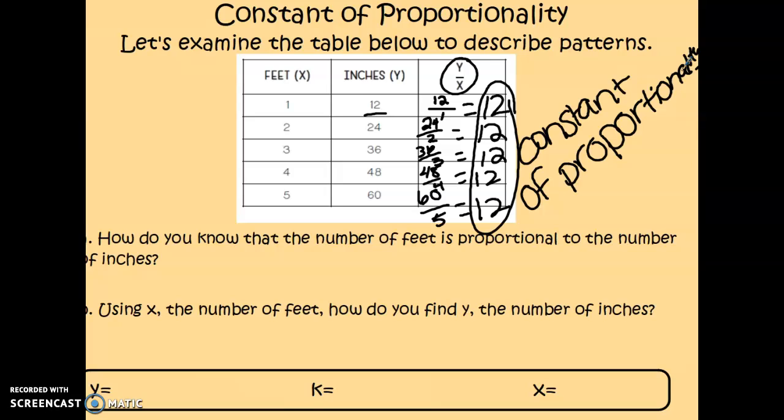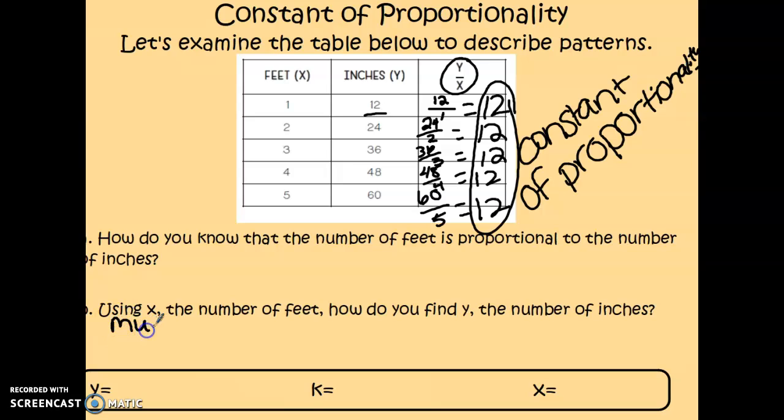The second question says, using x, the number of feet, how do you find y? What do we do to find the number of inches if we know the number of feet? We're not writing the equation yet, but we are going to write an equation for this. So how do we find it?